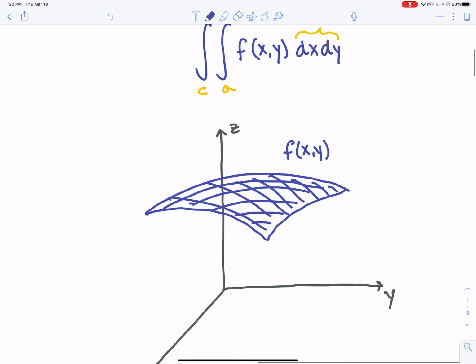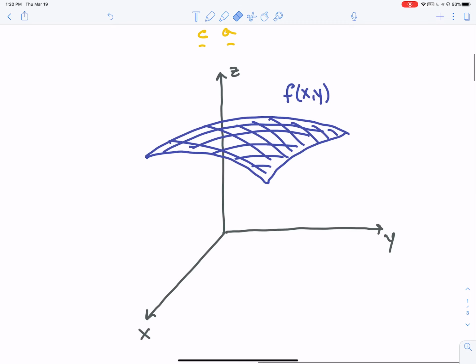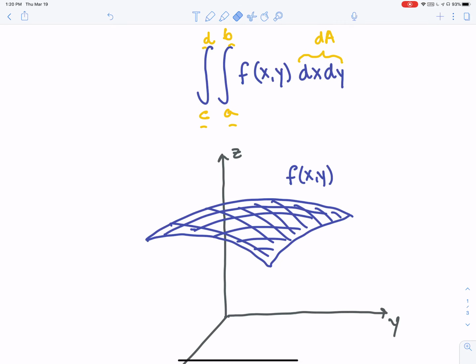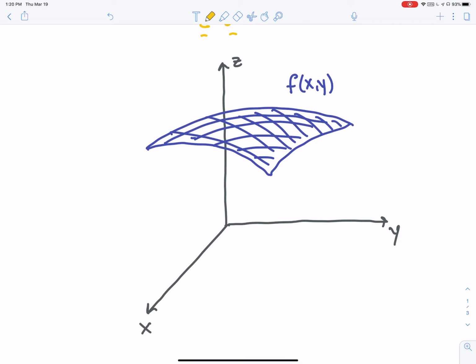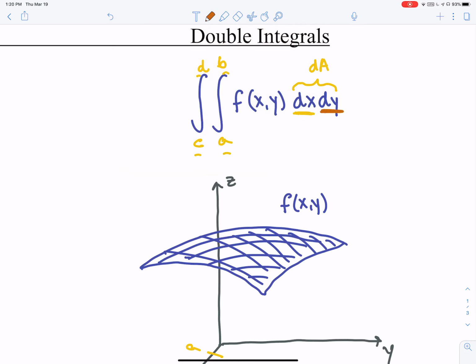Okay, so we drew our surface, and now we need to draw our boundary conditions, the bounds on the integral, so these guys. And now, instead of just having an interval of integration, you actually have a region of integration. So in this case, the x variables go from a to b. So in the x-axis, we're going to be going from some a to some b, and in the y direction, we're going to be going from some c to d.